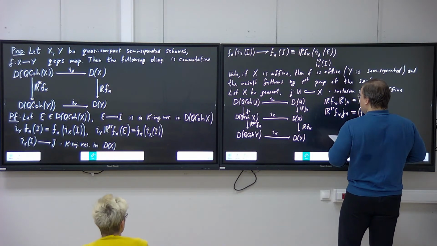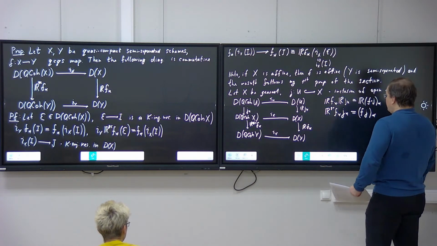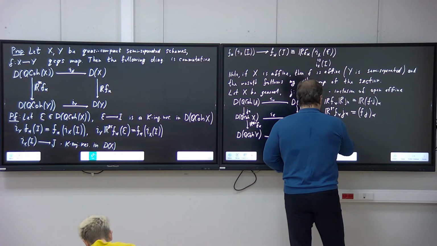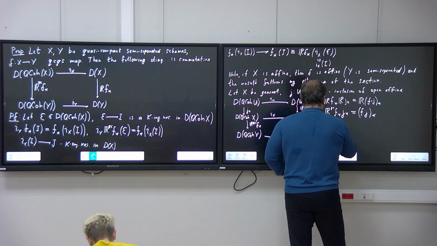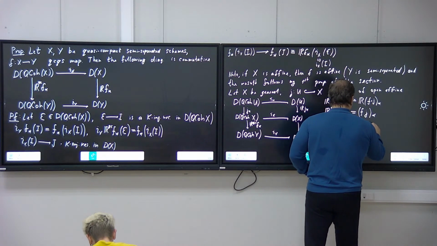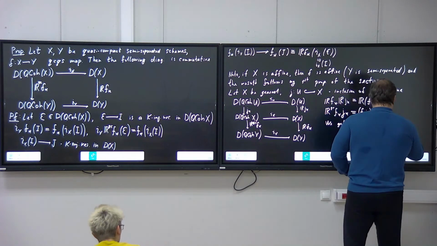Okay, so what I want to say now is that just from these two simple observations, we get the result for objects of a special form.